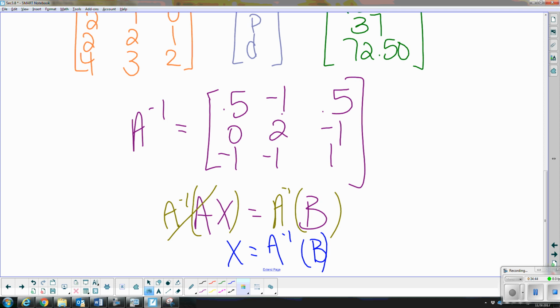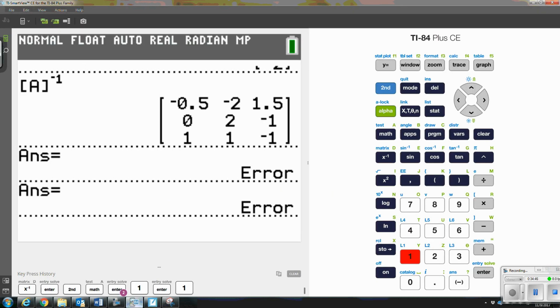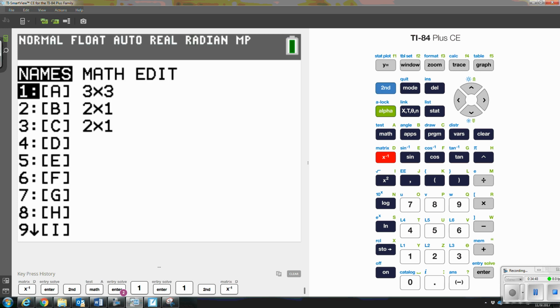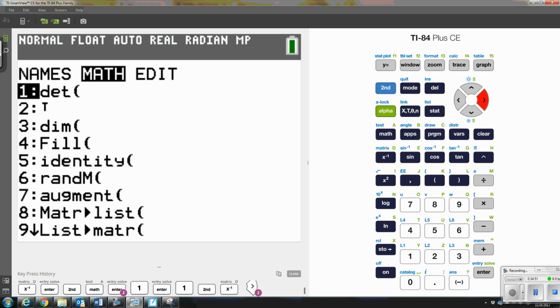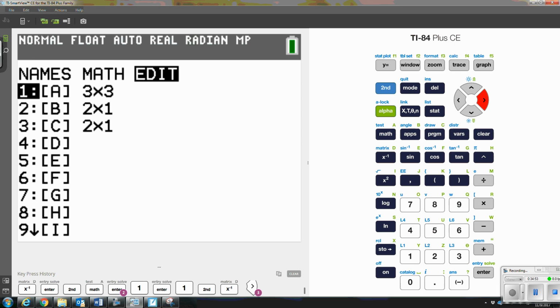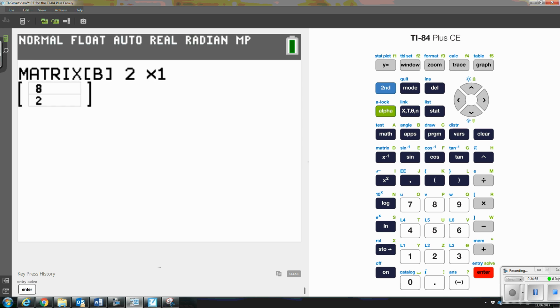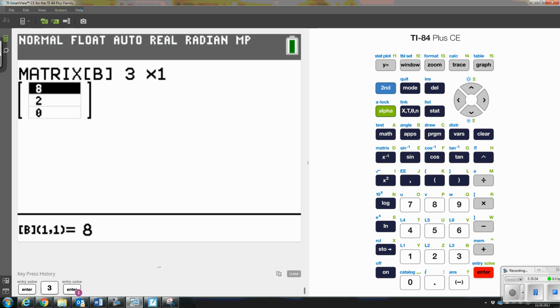So go back to your calculator, put in matrix B. Edit matrix B. And it's a 3 by 1 this time. And it's 1550. And it's 37.